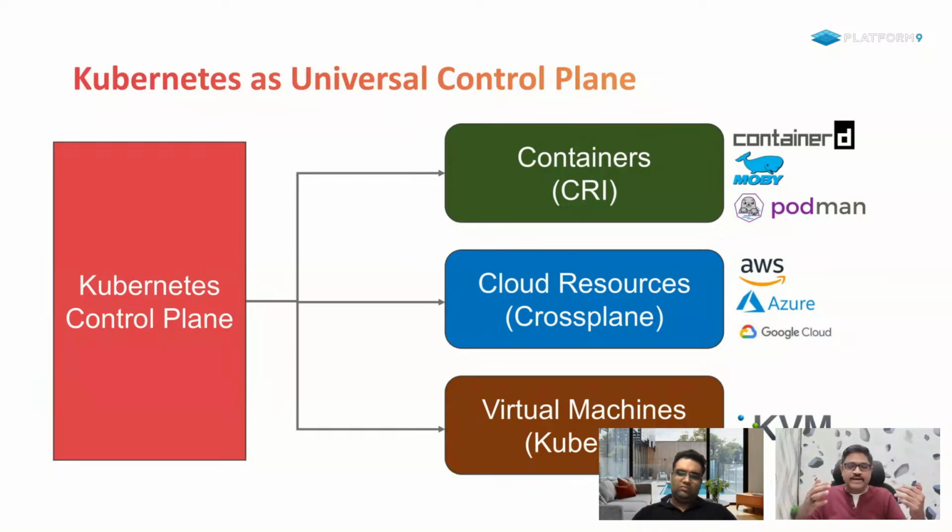Now, how Kubernetes is evolving to become the universal control plane is by bringing all these three silos under its fold. There is a technology which has become very popular, and there are a lot of contributors, consumers, and enthusiasts contributing to this project, and that is called Kubevirt. What Kubevirt does is it basically brings virtual machines into the Kubernetes fold.